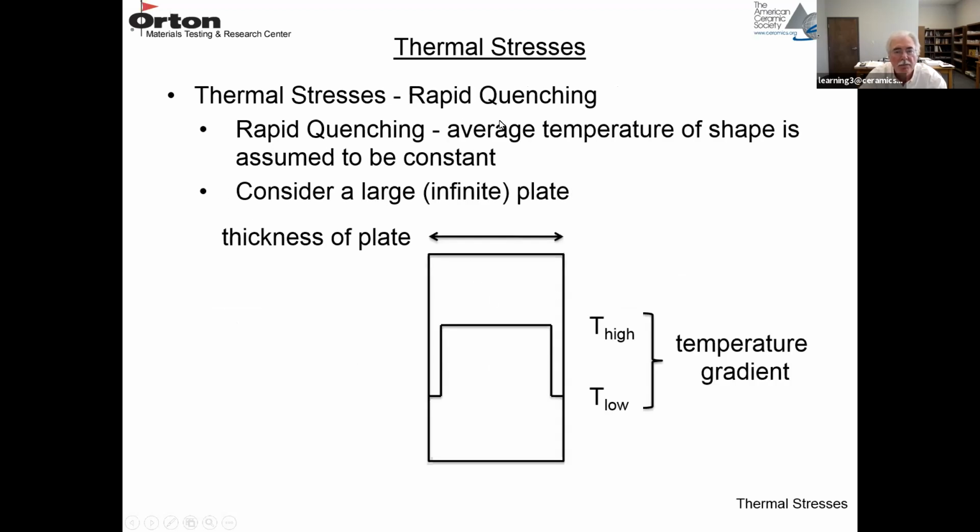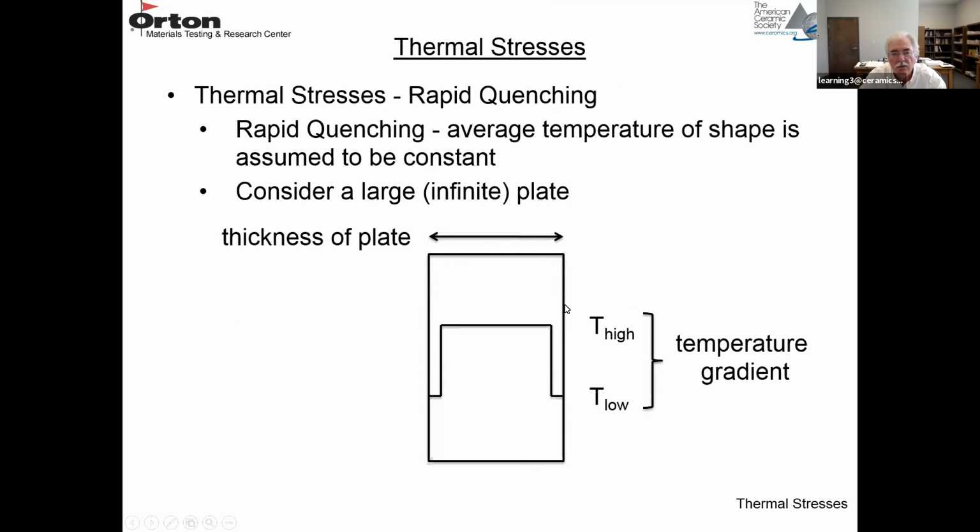So for the rapid quenching condition, during rapid quenching, the average temperature of whatever shape we're quenching is assumed to be constant. So this is a large plate, basically an infinite plate of a certain thickness.